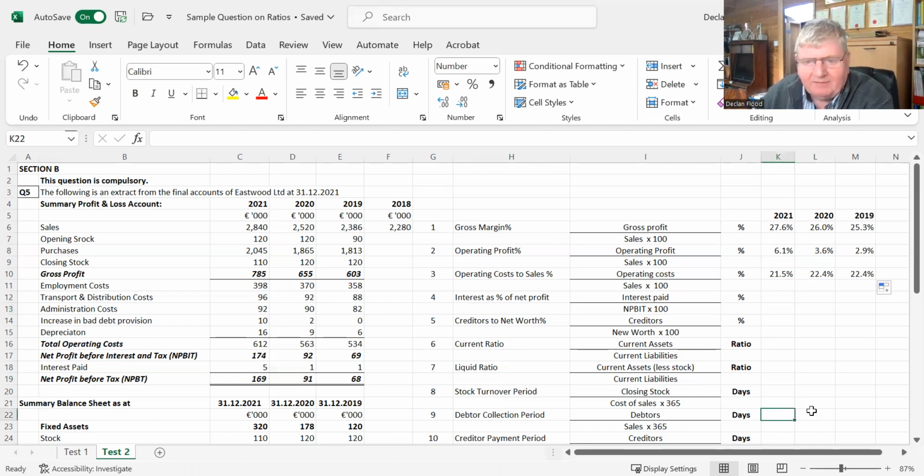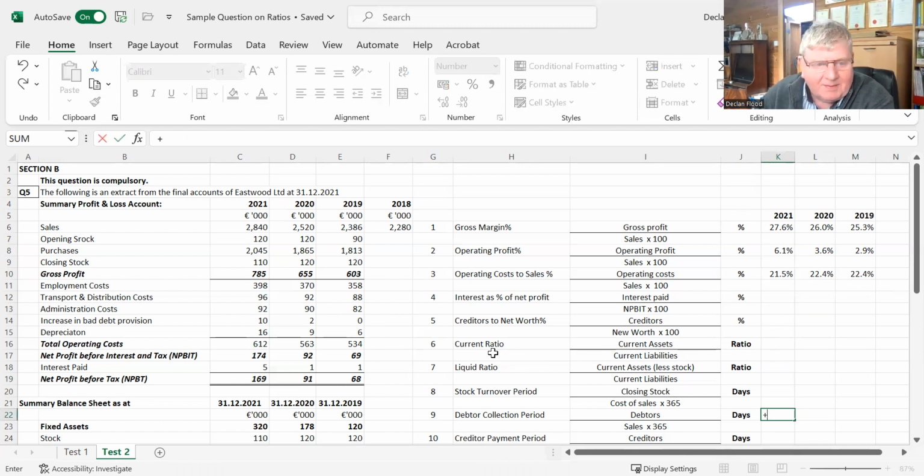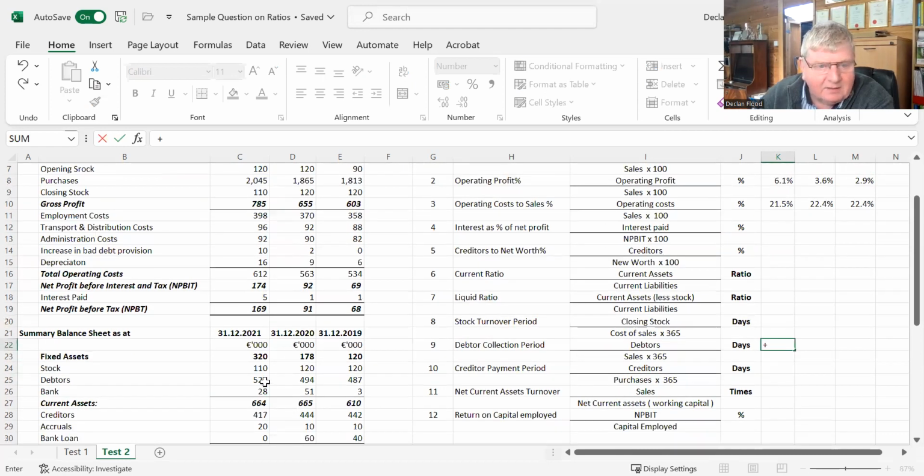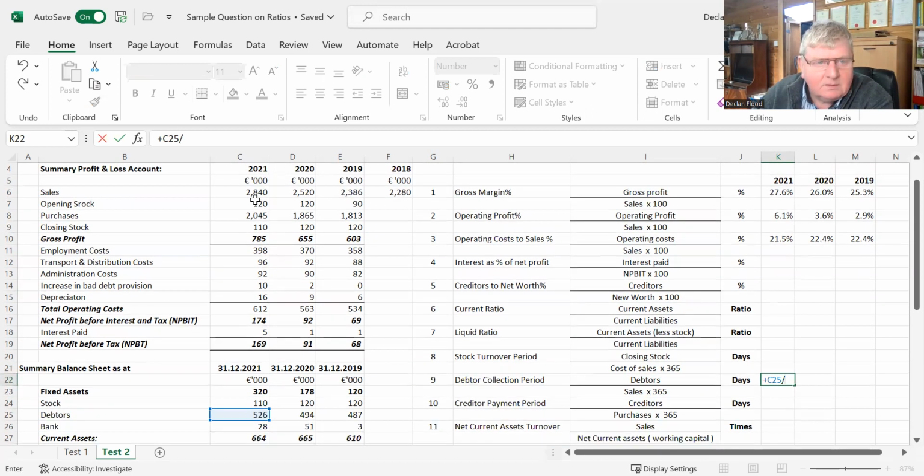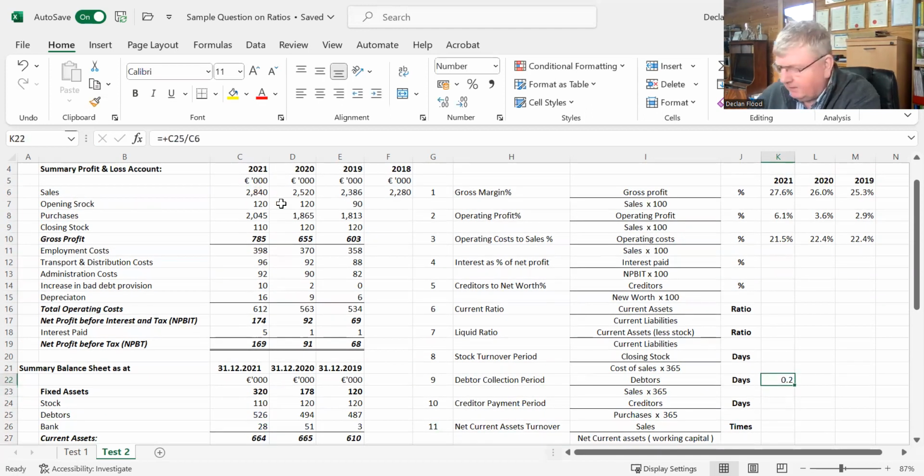And then if we want to do something different, say the debtor days, all we have to do is take our debtors from the balance sheet, and the figure is there, and we divide them by our sales as well. There we go, and we get a number there.